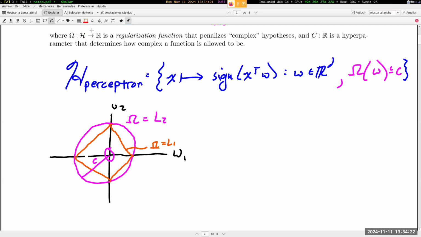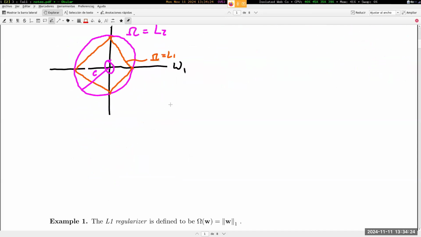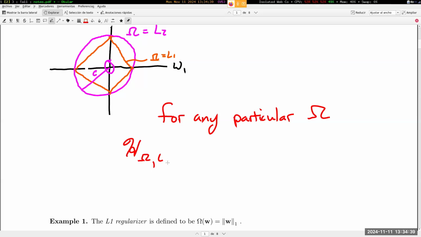So the subset relation that we do care about is that for any one particular regularizer, any particular omega, our hypothesis class on that omega and some particular C value will be a subset of the same hypothesis class with the same regularizer and a different C value, C1 and C2 over here, if C1 is less than or equal to C2.